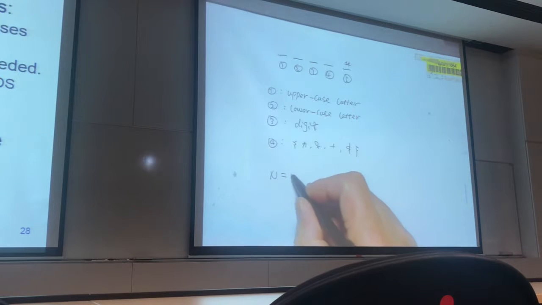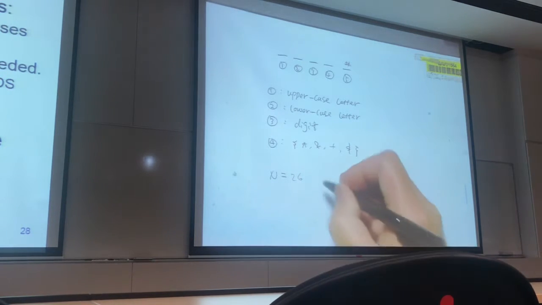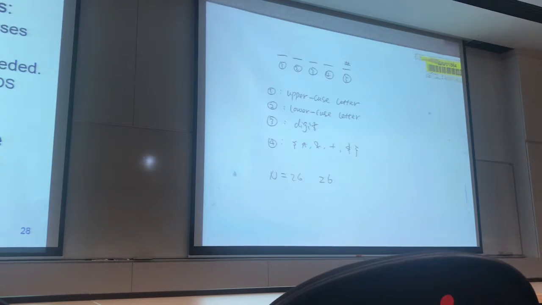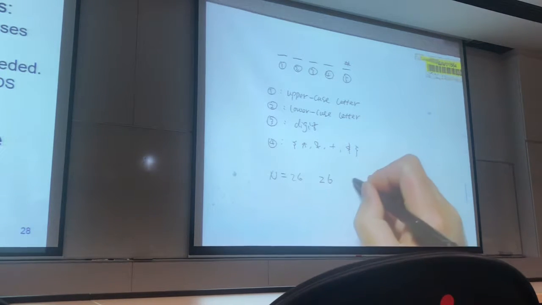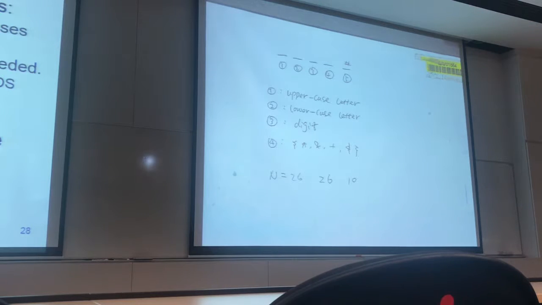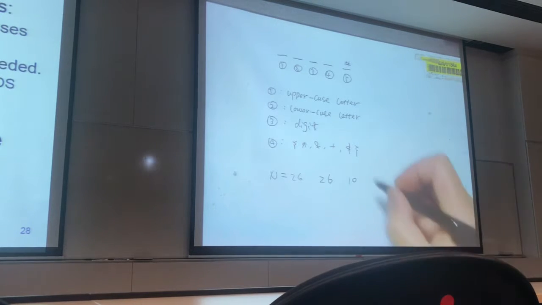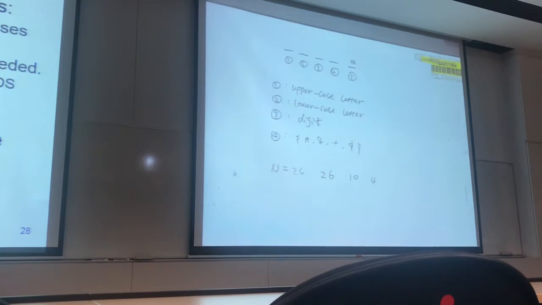Second one, lowercase letters? Also 26. Third one, digits? 10. The fourth one, you choose from these 4. How many possibilities? 4. The last one, you fix it, so you only have one choice.